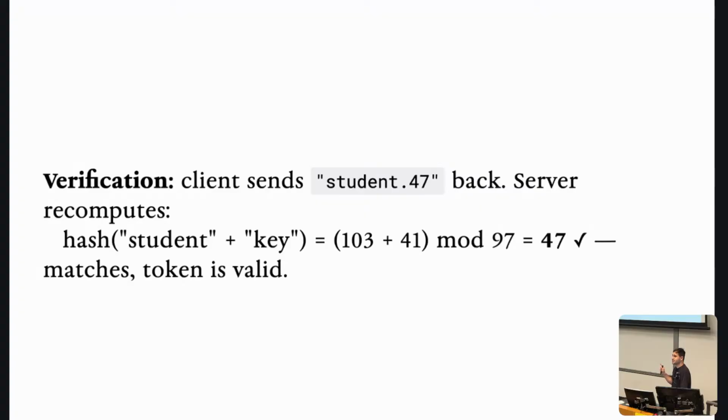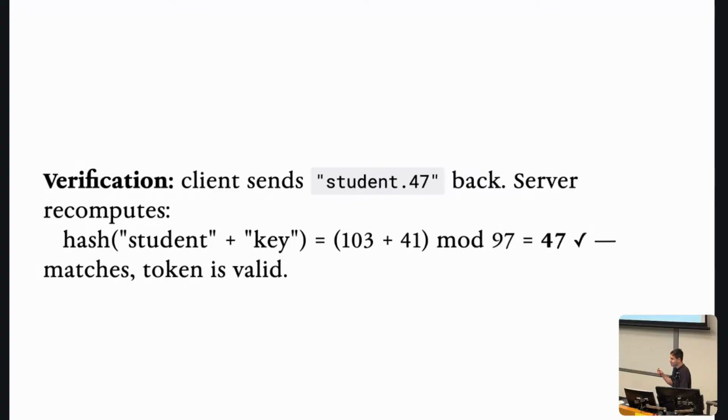Okay, does that make sense? That's the whole goal of this activity. The server needs to trust that this token hasn't been tampered with. So the client is telling the server, hey, I have the role student, and here's my signature for that role. Now, if we've done everything correctly, the server will have all the building blocks in order to recompute the signature in such a way that the signature would only be valid for the payload student. Does that make sense?